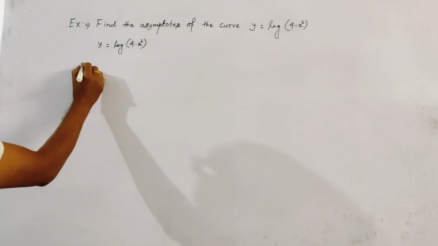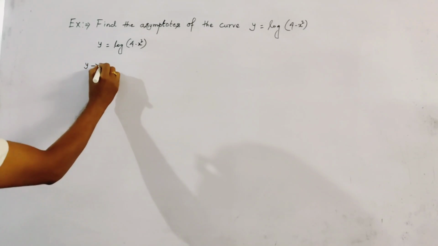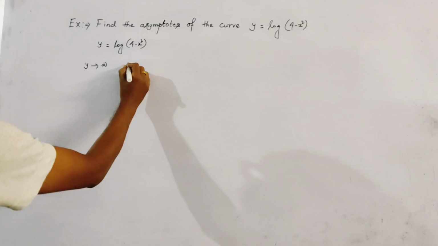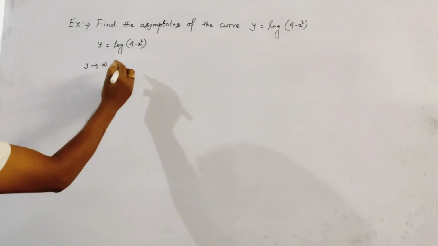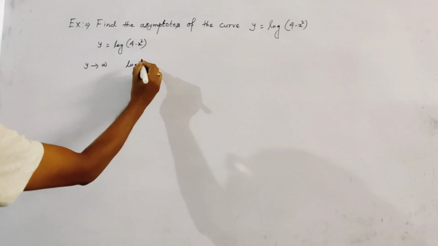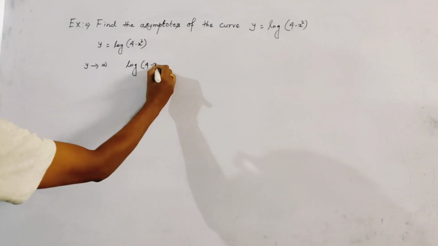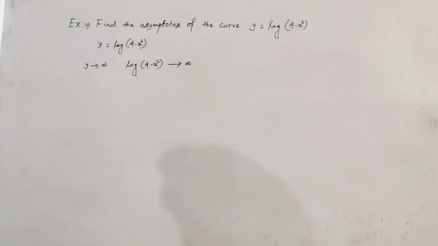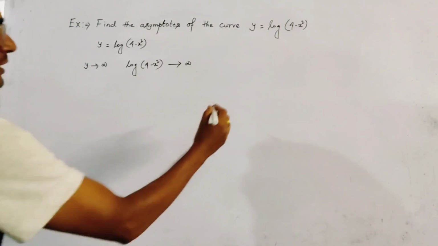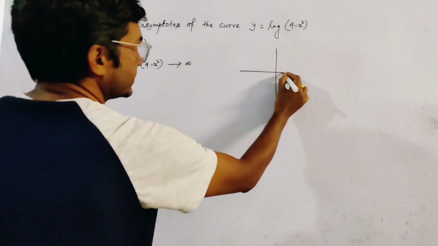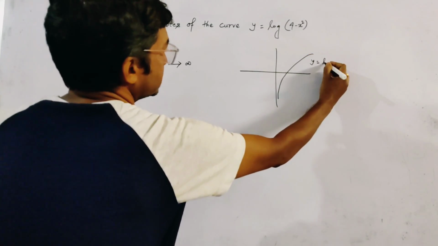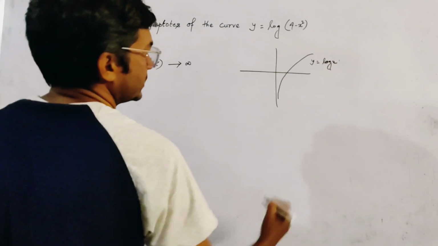If we take y tends to infinity, then log of 4 minus x square tends to infinity, and we know that the curve of logarithm is like this. This is the logarithmic curve, y equals log x.